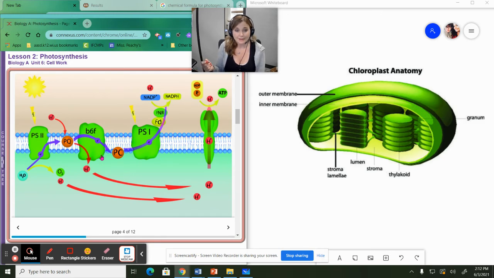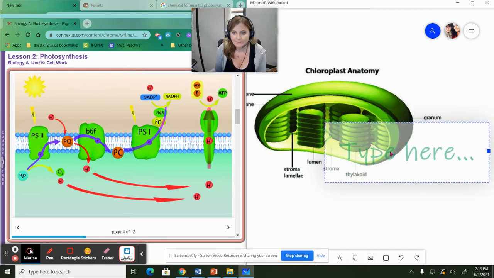So water is split in the chloroplast by the light into hydrogen and oxygen, right? So that's a huge important step here. The first important step is that light splits the water molecule. A photon of light, a particle of light, actually splits the water molecule.